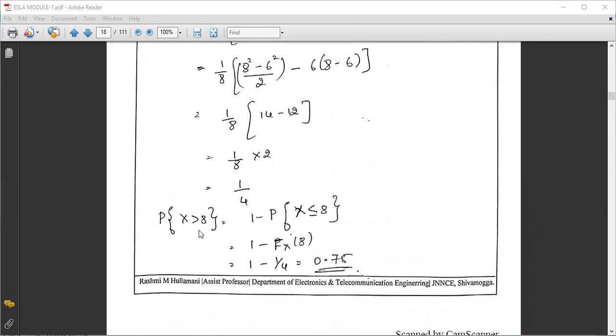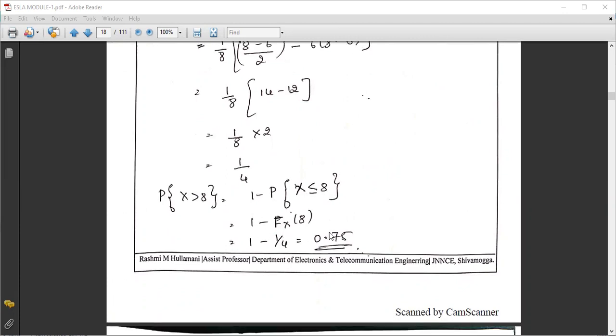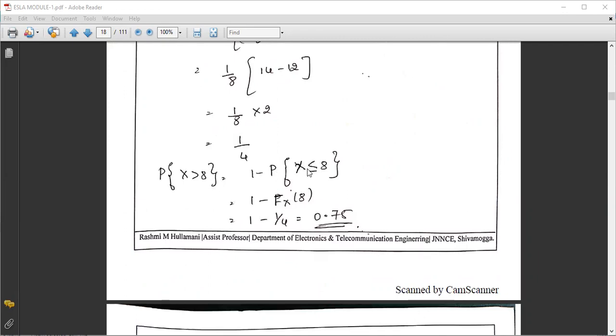Therefore, for the probability of x greater than 8 we use this identity: probability of x greater than 8 equals 1 minus probability of x less than or equal to 8, the complement. That is 1 minus Fx of 8, which is the cumulative distribution function.